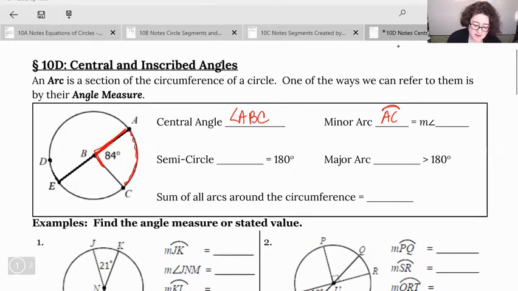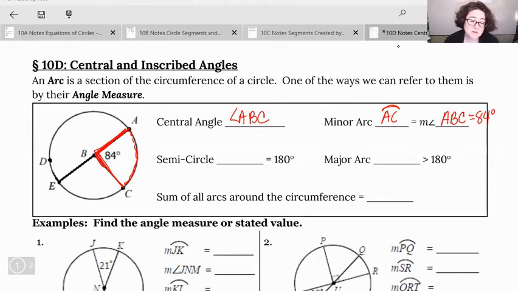If I extended the sides of angle ABC, my central angle, the sides cut off that arc AC, that minor arc. And in fact, when we have a central arc like that, the measure of the arc is always going to be the same as the measure of the central angle it matches up with. So that's going to equal the measure of angle ABC. In other words, 84 degrees from that diagram.